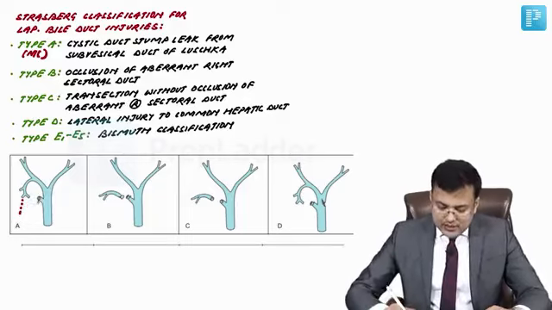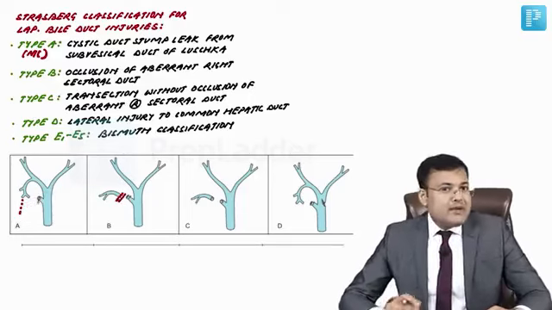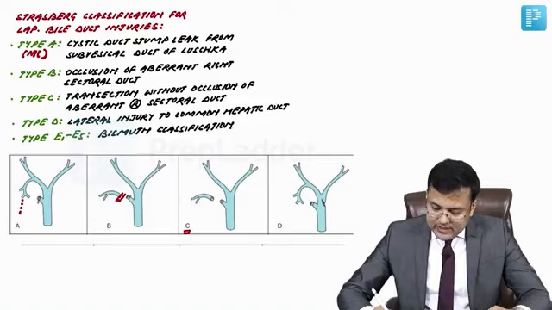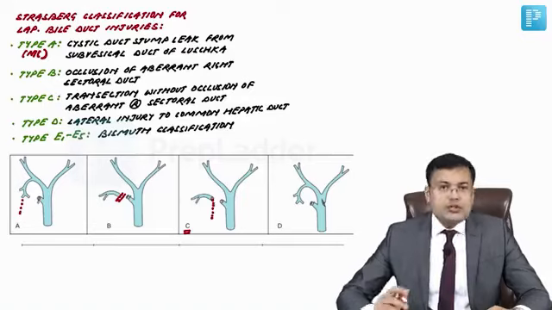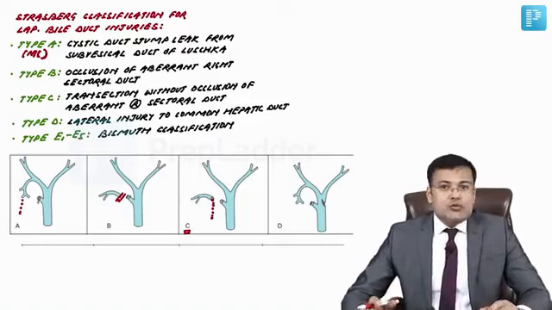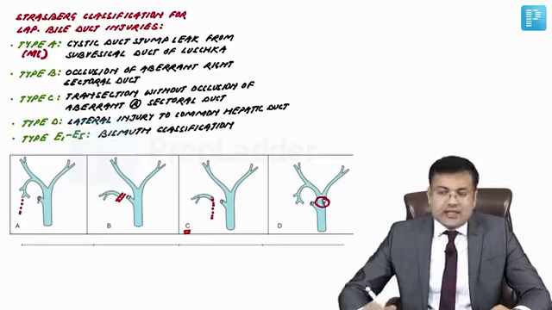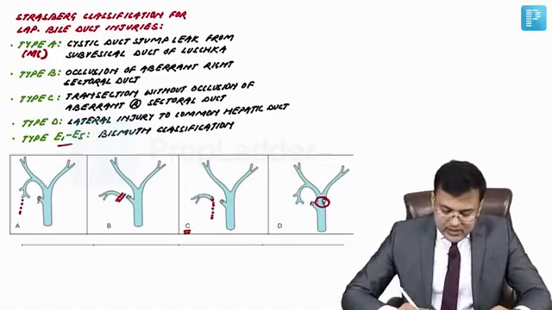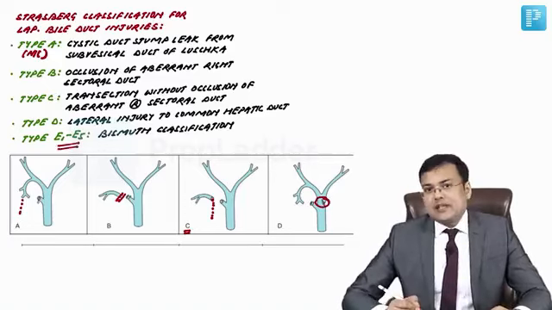In type B, there is occlusion of aberrant right sectoral duct. In type C, you can see there is transection without occlusion. So there is bile leak. Type C, transection without occlusion of aberrant right sectoral duct. In type D, there is lateral injury to common hepatic duct. And what is type E? It is E1 to E5 Bismuth classification.